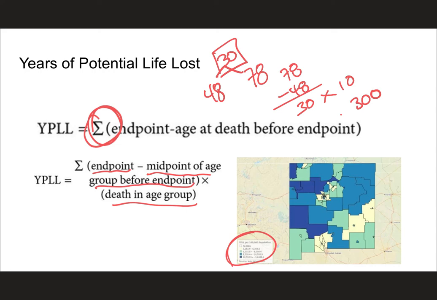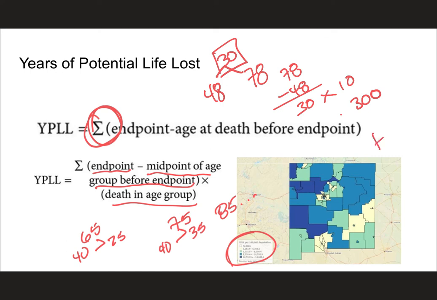So if you are in Baltimore and you are in a neighborhood where your life expectancy is 65 and you die at 40, we are losing, because this is a collective problem, 25 years of potential life from you. But if you live in a place where the life expectancy is 75 and you die at 40, then we are losing 35. What if it's 85? And so on. So you see where life expectancy will influence this number of years of potential life lost.